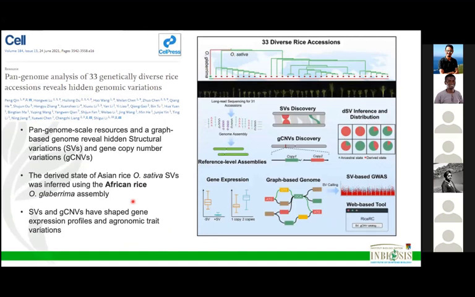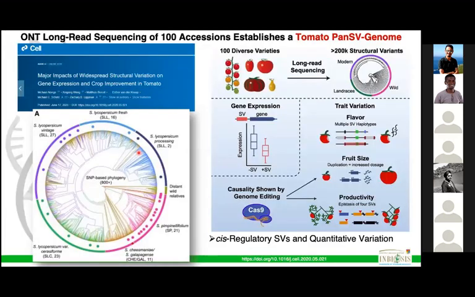And a lot of these pangenomes deal with structural variations and also gene copy number variation. Like this study, using Oxford Nanopore long-read sequencing of 100 accessions of tomato, found many variations are actually related to structural variation rather than the genes themselves.